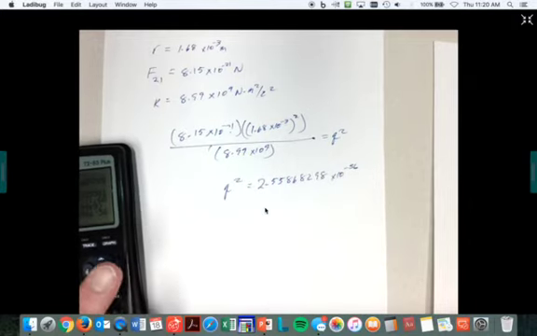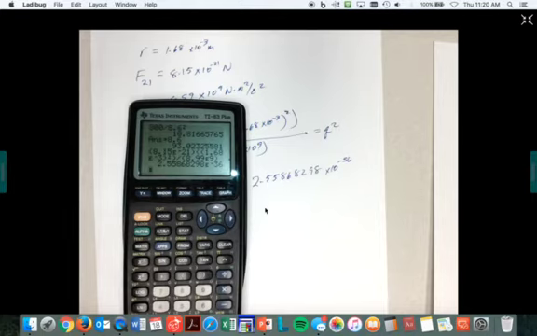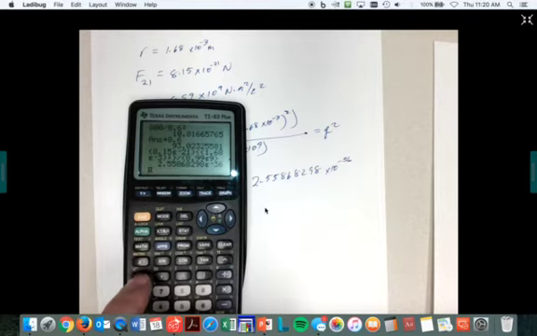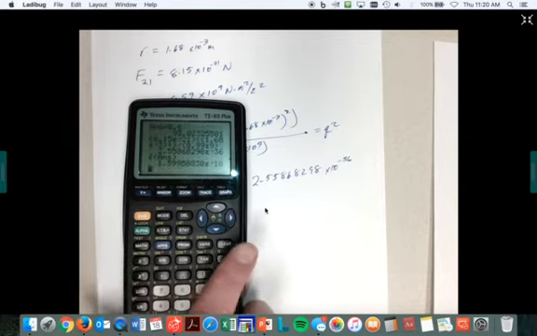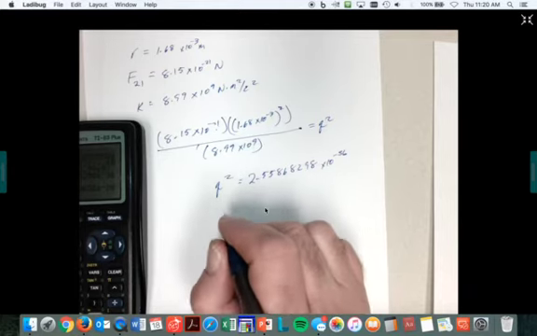Now let's take the square root of that. Notice what I'm doing with my calculator. I'm carrying all of those sig figs all the way through. So you do all the algebra and carry your sig figs all the way through. Then second, square root, boom.